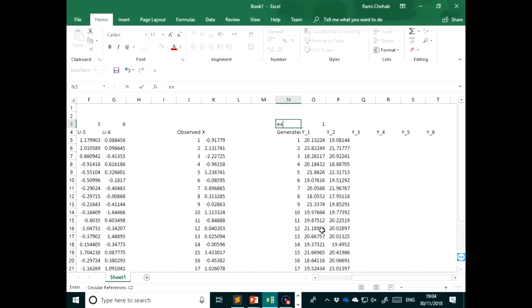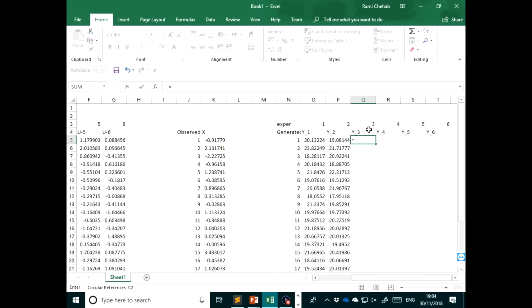So here I'm going to write experiments, and this is experiment number 1, experiment number 2, experiment number 3, 4, 5, and 6. Obviously you can do 1000 experiments, but here I'm just confining myself to experiment number 1, 2, and 3.